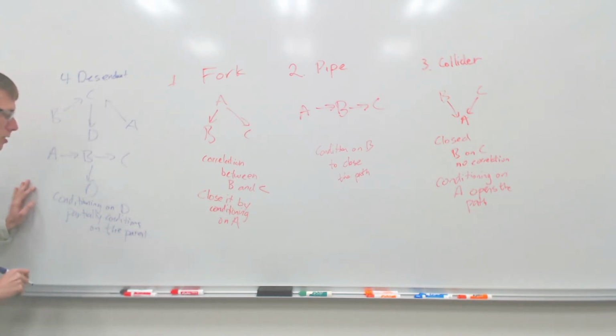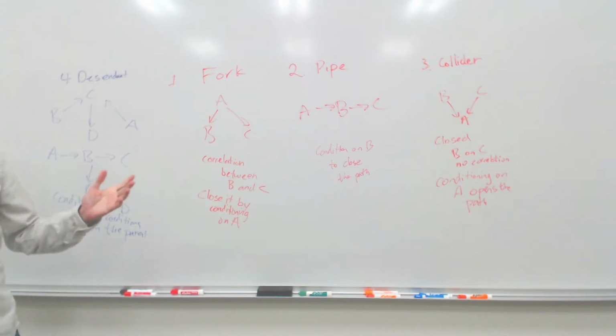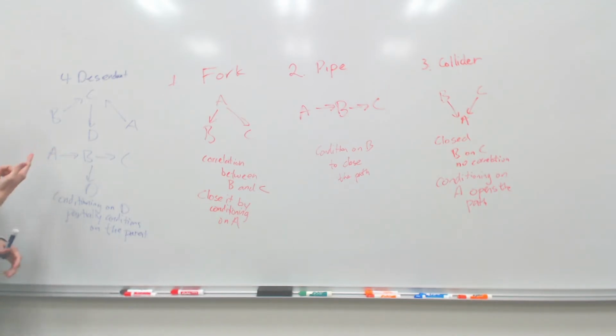So this would be something like, instead of doing it on the grade, you do it on whether or not they were on the dean's list, right? Having high grades in all your classes leads to you being on the dean's list. So if you condition on the dean's list, it depends on how strong the relationship between these two are, but it's effectively at least partially conditioning on the grade.